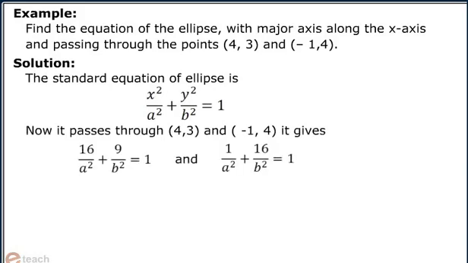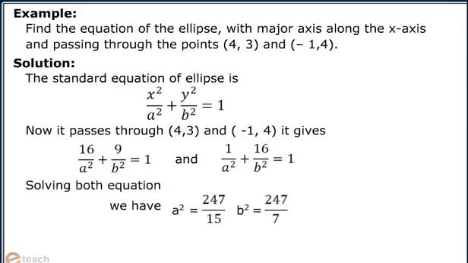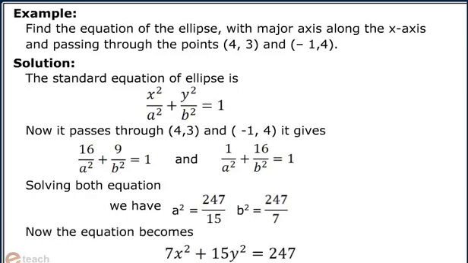Now, it passes through (4, 3) and (−1, 4), and solving both equations, 16/a² + 9/b² = 1 and 1/a² + 16/b² = 1. We have a² = 247/15, b² = 247/7. Now the equation becomes 7x² + 15y² = 247.